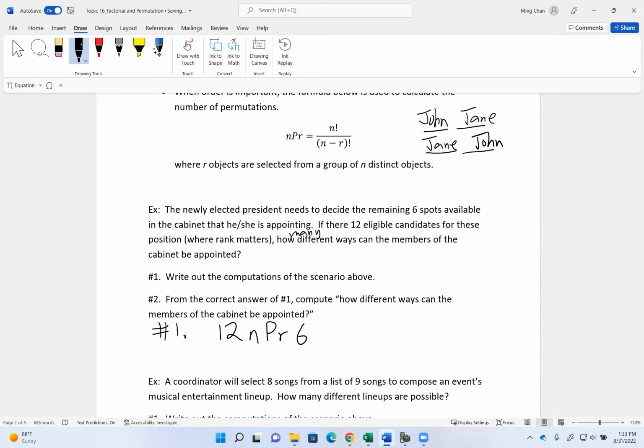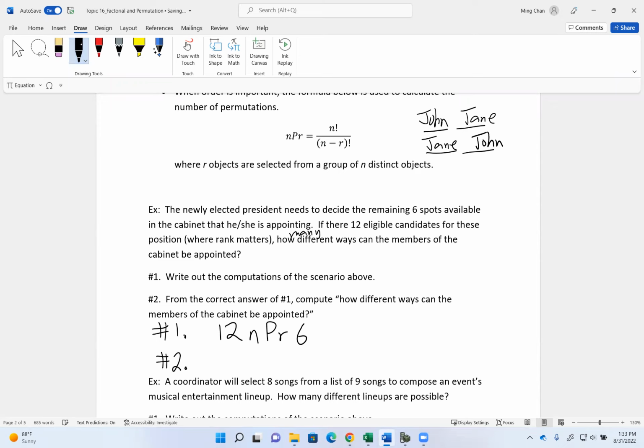That means who is appointed first, second, third, all the way down to the 6th person, goes by rank. Maybe the first person appointed is going to be the vice president, the second one can be the secretary. So if the order matters, then we use permutation.